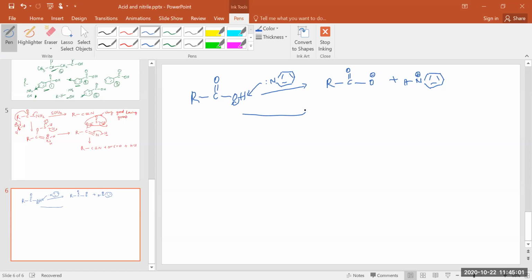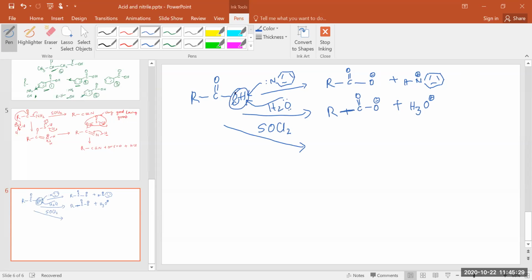If you even take water, what will happen? Water, because it's a base, will take this proton. So, sorry, here CO minus plus H3O plus, it will be ionized. Okay. Another reaction you guys have seen is that if you take SOCl2, what will happen?